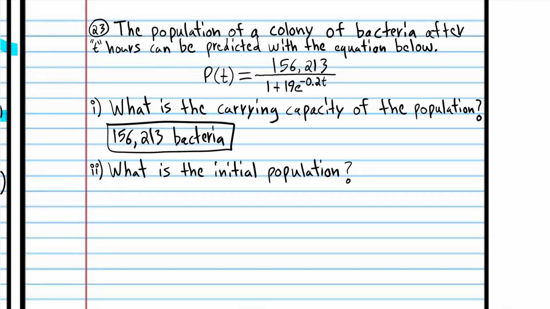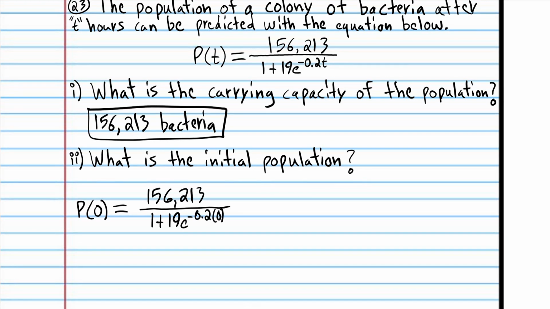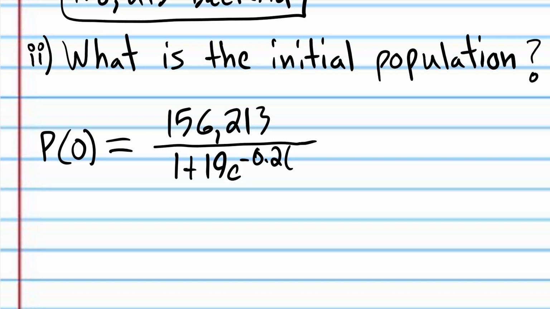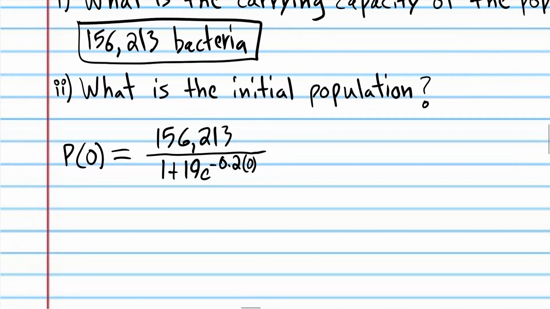Okay, so now what is the initial population? Well, that's just whatever the population is when the clock is set to 0. So we're going to write that expression, and we're going to plug in 0 for t. Now you can do this in your calculator.